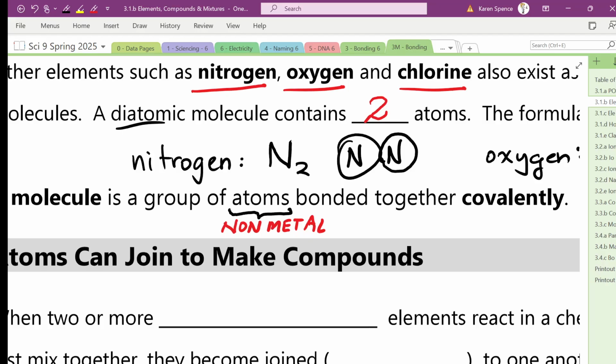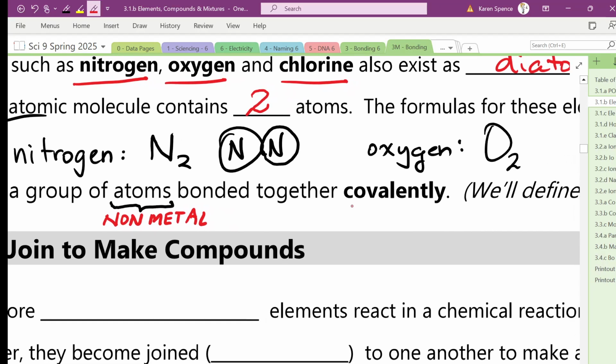And we say that they are bonded together covalently. And when they bond covalently, that means they share electrons. We'll get way more into different types of bonding later. So don't worry too much about that word at this point. Just realize it is a word and we will see it again later. Okay?